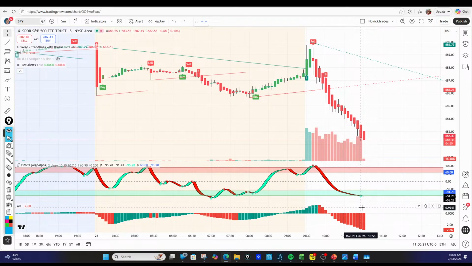Plus we're in oversold conditions here. So we will see. But this one just looks like, I mean, that's another 2,000 that I could have gotten. But, you know, I'd rather play it safe.